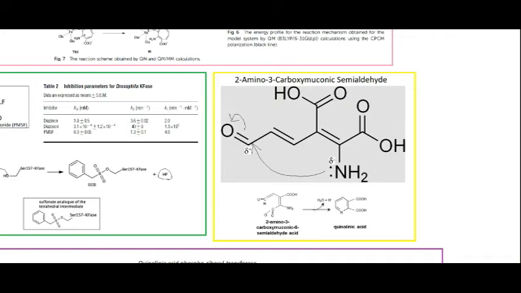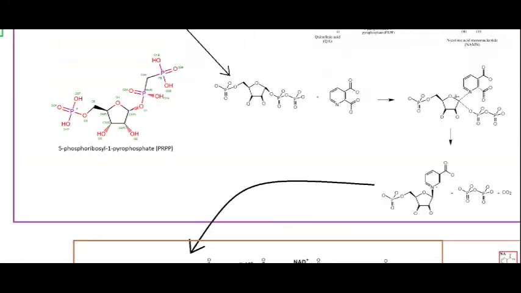We end up with this oxygen being released as water, as we see here. So we end up with a 1, 2, 3, 4, 5, 6 member ring with the nitrogen in it, the oxygen leaves as water, and there are carboxylic acids sticking off of it. And this is quinolinic acid. And so the quinolinic acid is here.